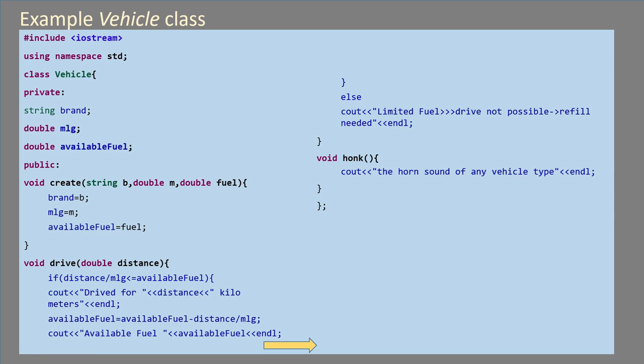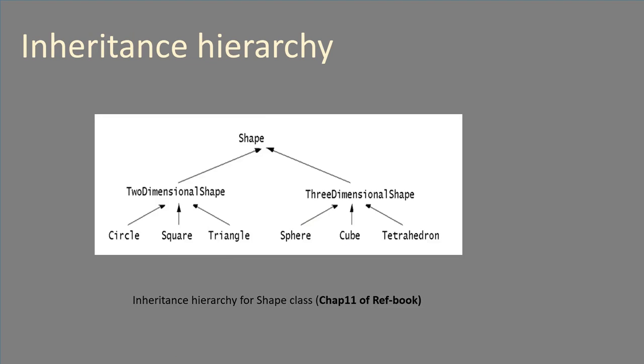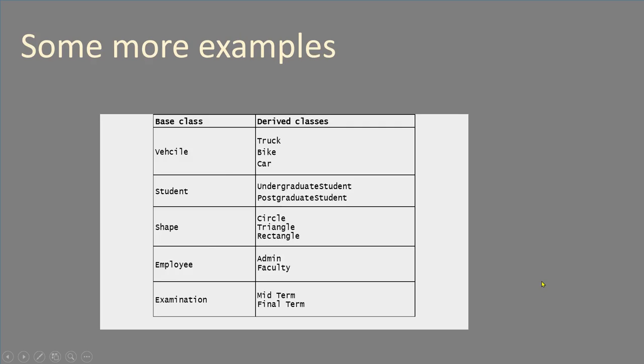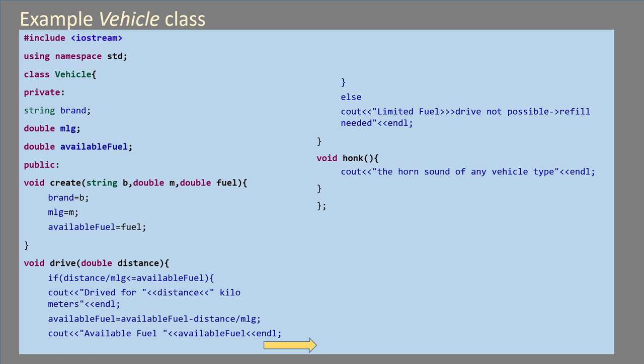Let's discuss this example, in which I have vehicle as a base class, and I have two objects, a truck and a car. Class vehicle has data members brand, mileage, and available fuel, the amount of gasoline in it.